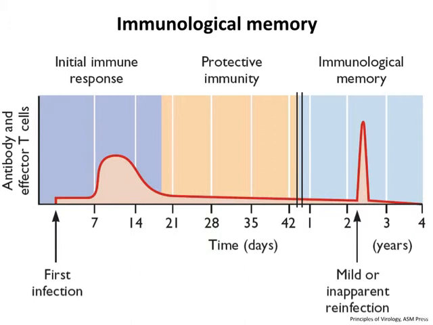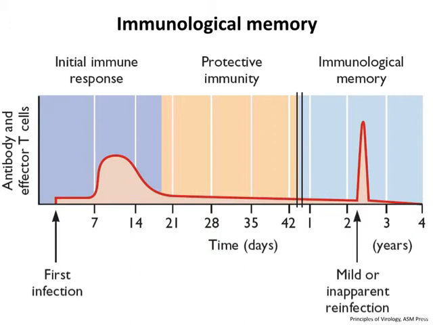We're looking at an infection with the virus here, and then we're measuring either antibody or T cells. Cytotoxic T lymphocytes doesn't really matter. So after the first infection, within 7 to 14 days, you typically get an immune response. Then the infection is resolved, immunity goes down to a basal level. And then you are protected. You have protective immunity for whatever time until you encounter that virus again.